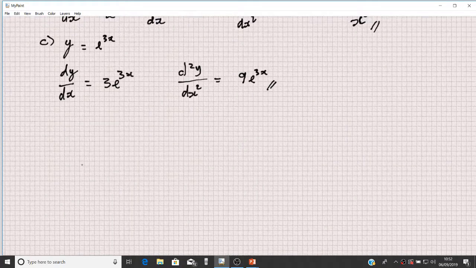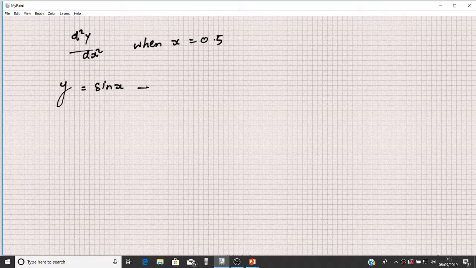We're looking to find d2y/dx squared when x equals 0.5, and the function y was given as sine x plus ln 2x.